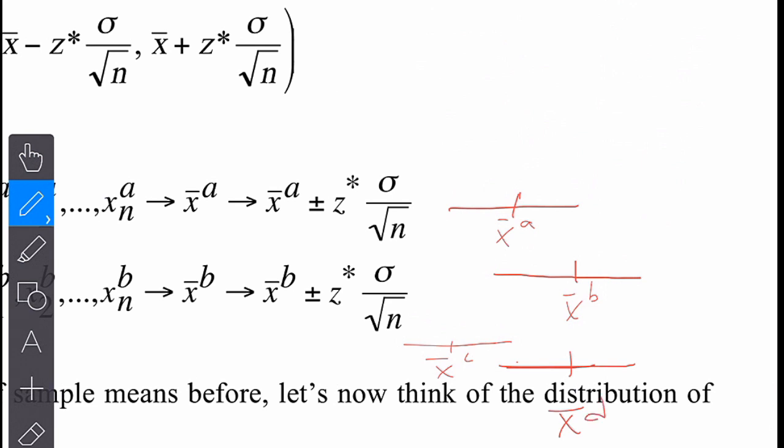So out of all the possible samples and all possible confidence intervals, 95% of these, so if you have 100, 95% of them means 95 of them will actually cover and contain the actual mean, what we're trying to estimate.